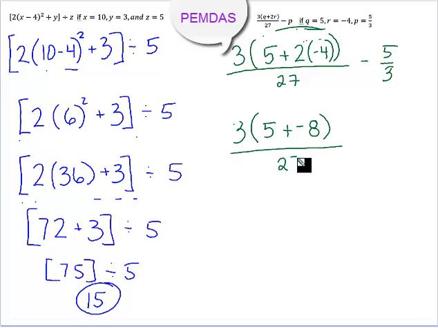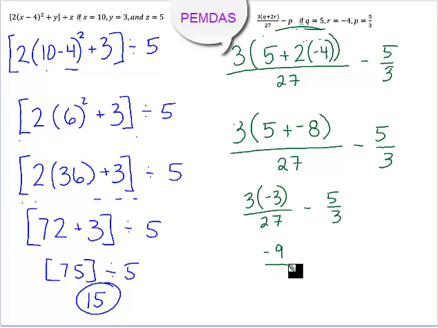Now we have 3 times the quantity of 5 plus negative 8, all over 27 minus 5/3. Well, 5 plus negative 8 is negative 3. So we have 3 times negative 3 over 27 minus 5/3. Well, 3 times negative 3 is negative 9.